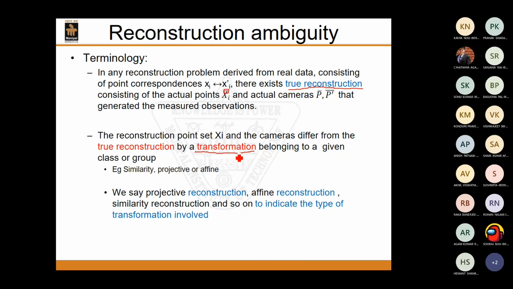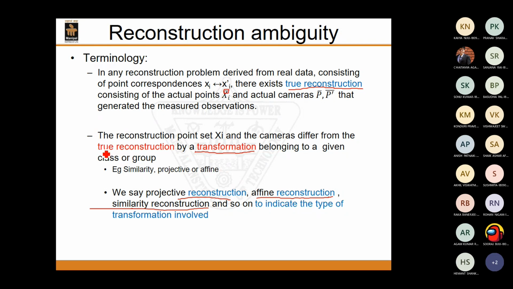If it is related by a projective transformation, we call it a projective reconstruction. If it is related by a similarity transformation, we call it a similarity reconstruction. If it is related by an affine transformation, we call it an affine reconstruction, okay?